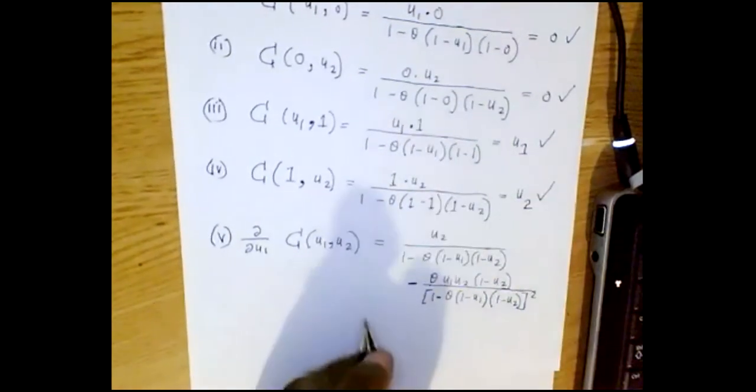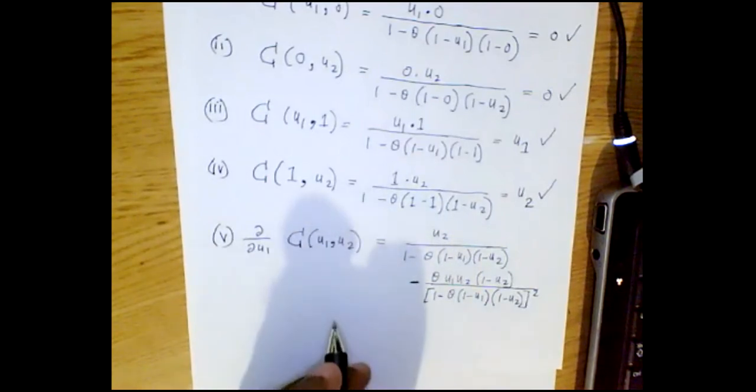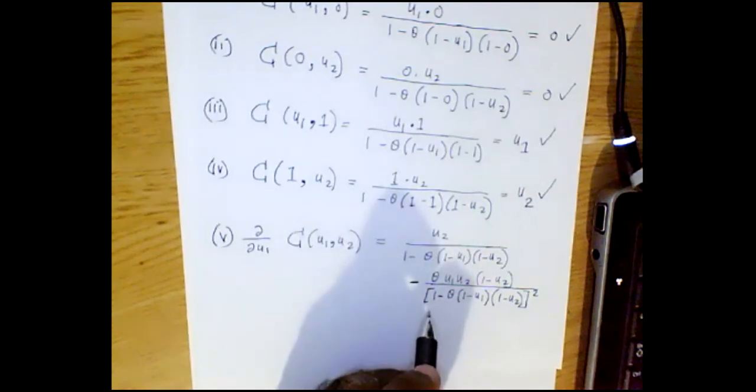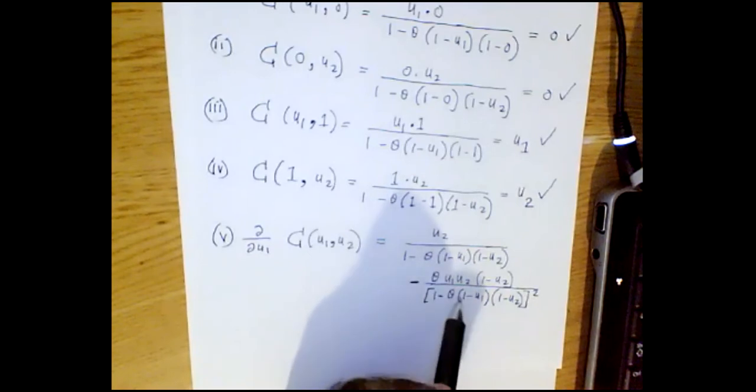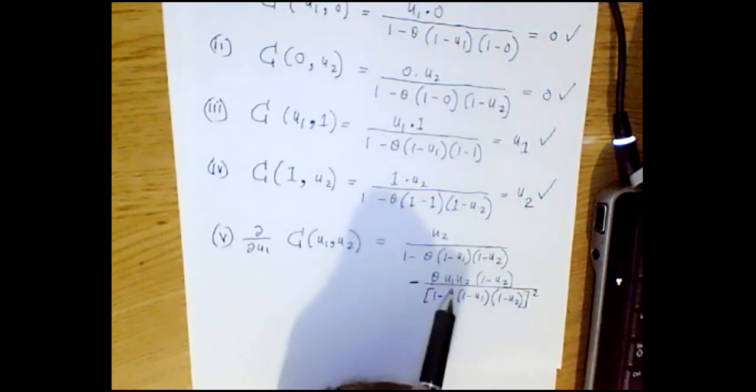Now, the next step is that you will need to simplify these two terms. I'm not sure if I have the time to do that, but you have to show that this minus this is something non-negative, right? You know what I'm saying? So you need to show that this, take away this.